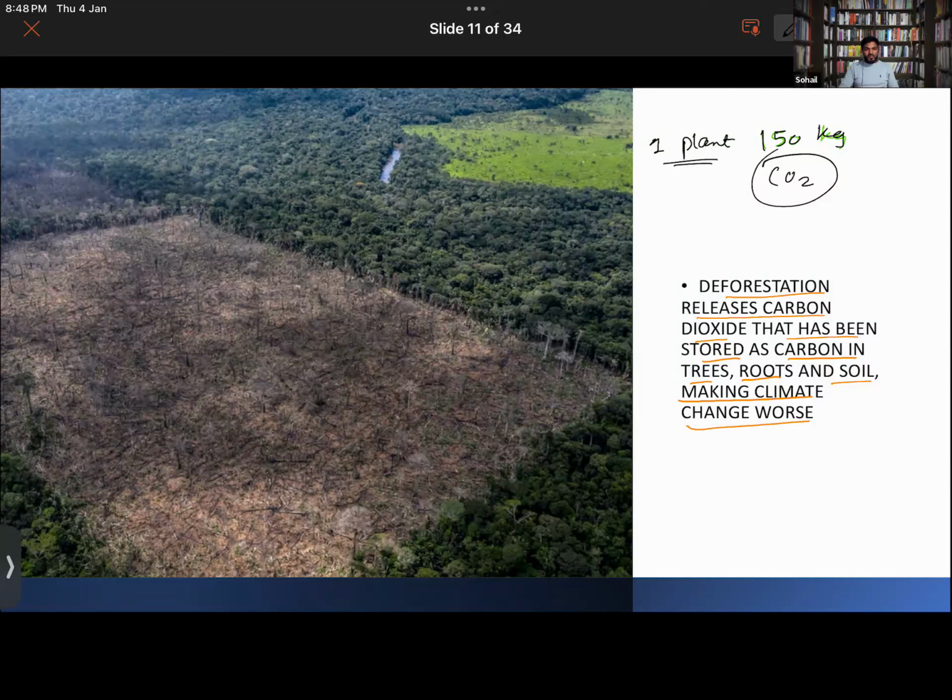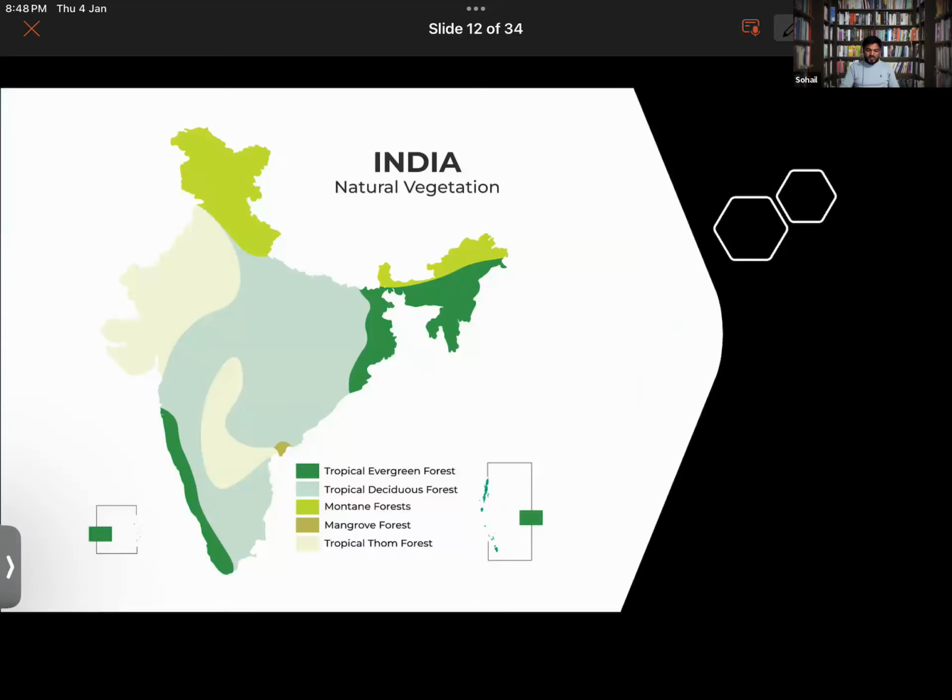If you were to talk about the distribution of forest in India, in the class I will be telling you that there are different types of forest based on the amount of rainfall, and different types based on the physiography of the area. You have tropical rainforest, deciduous forest.